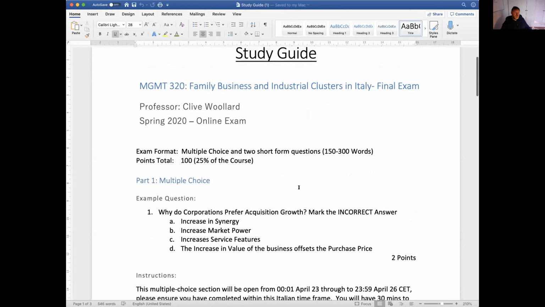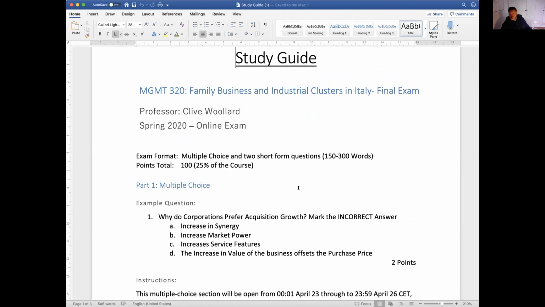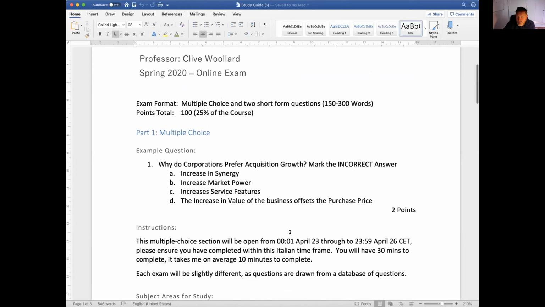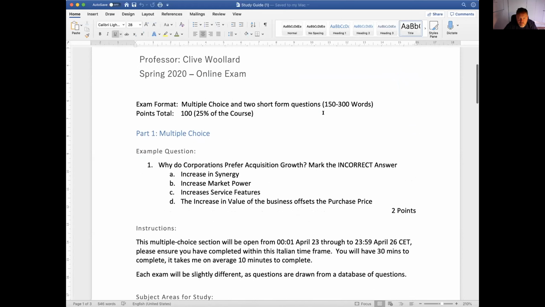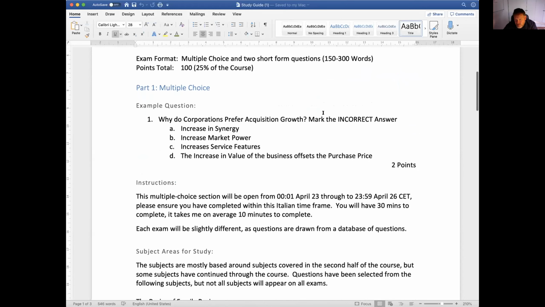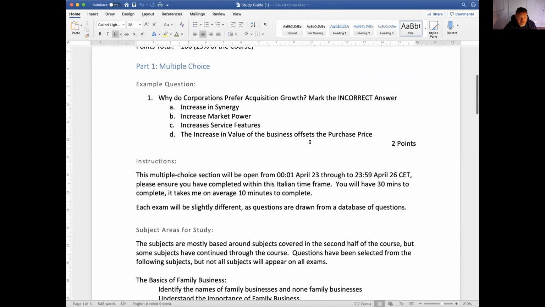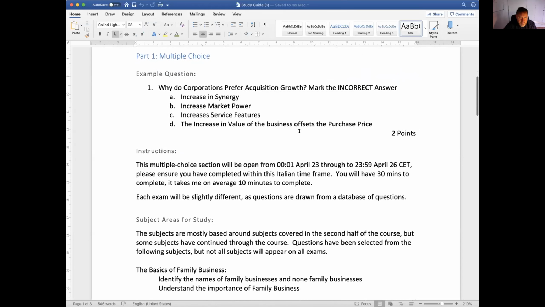From that question bank, your exams will be drawn. So everybody won't have exactly the same exam, because we'll be pulling questions from a question bank into Moodle. I'm sure perhaps you're used to that anyway in your online or Moodle supported programs back home.